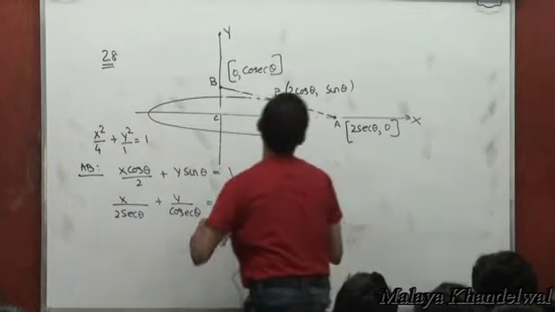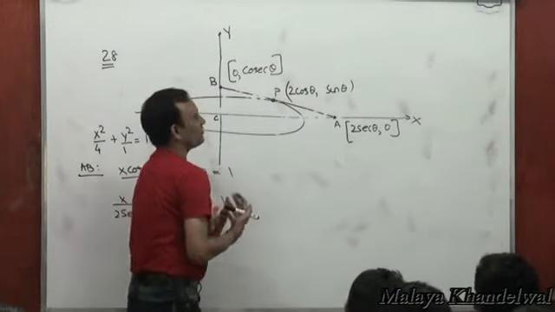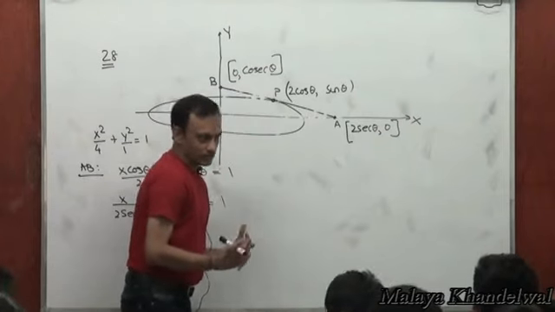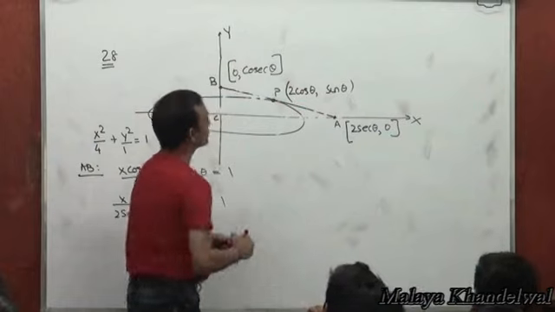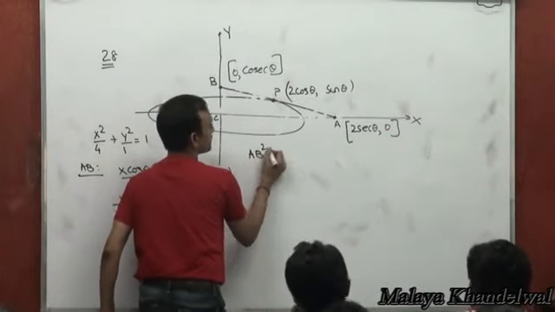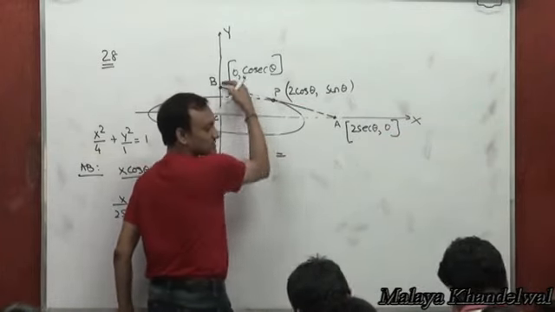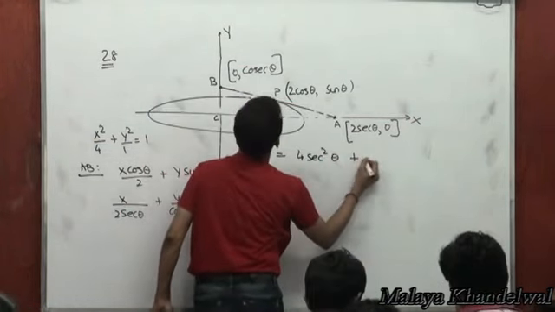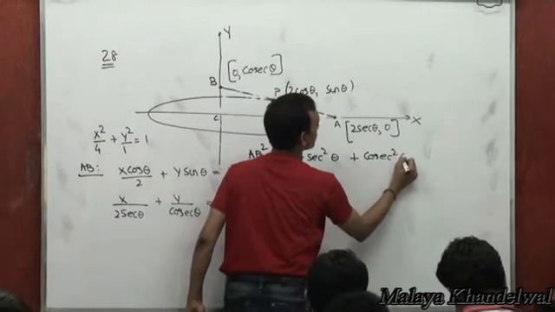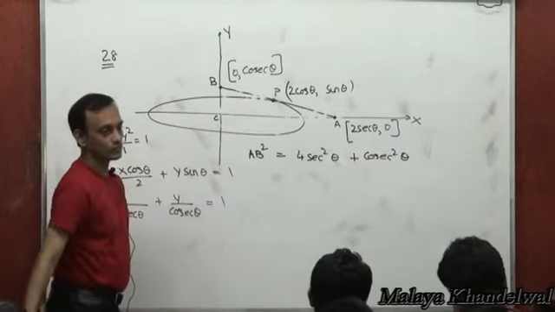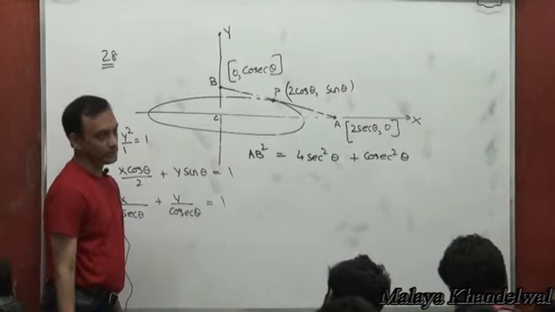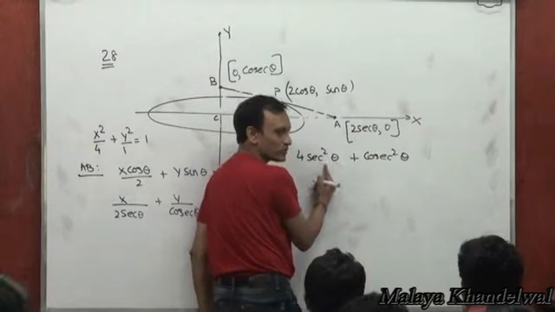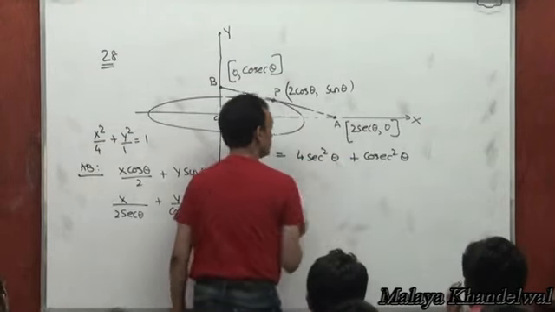Now, evidently, if AB squared is the least, which is the square of the diameter, then the circle would have least area, right? But what's AB squared? AB squared is CA squared plus CB squared, which is like 4 sec squared theta plus cosec squared theta. Write this as 4 times (1 plus tan squared theta) plus (1 plus cot squared theta).